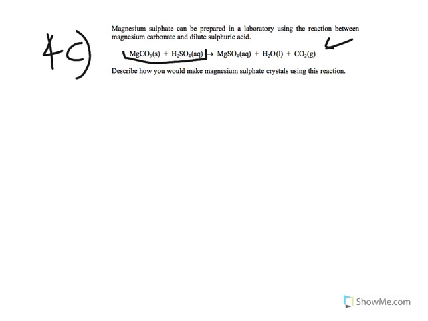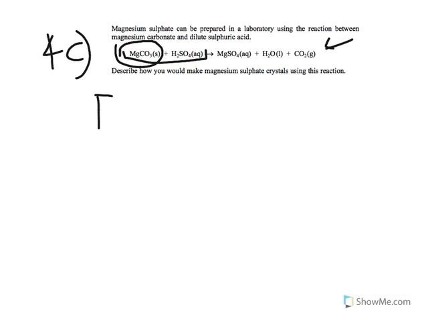And what you do is you add magnesium carbonate to sulfuric acid, and then you add excess of the solid, so that you make sure that all the liquid has been used up. So you add excess of the solid to react with it.